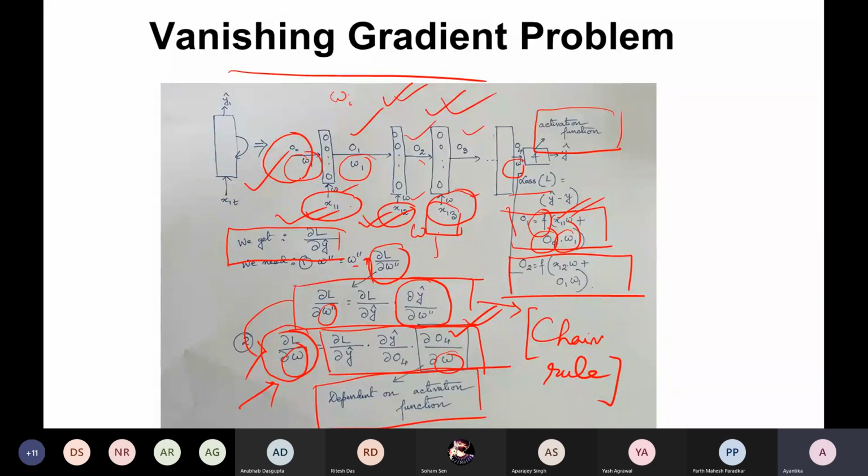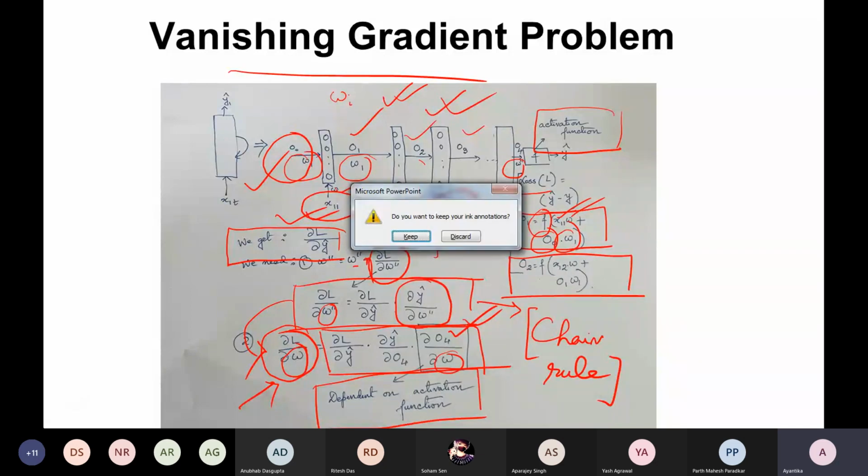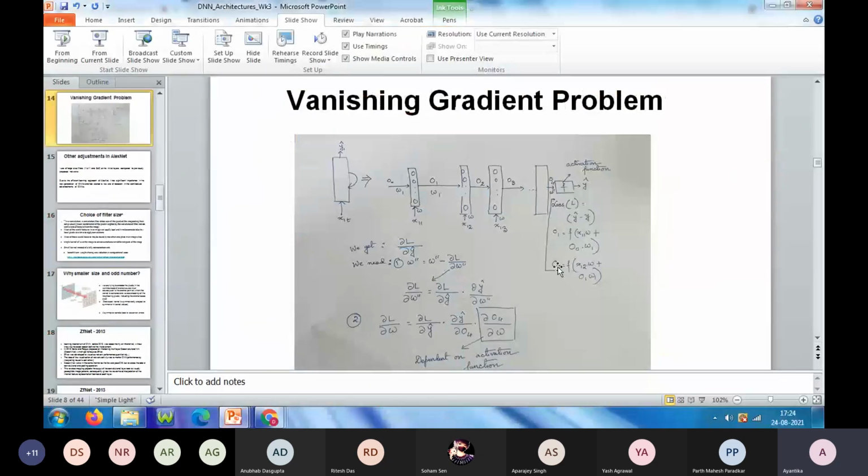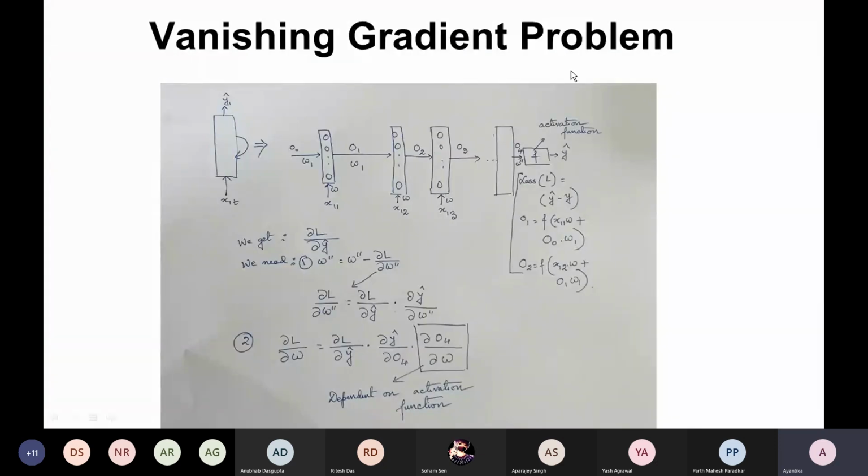Whenever you increase the layers, the number of multiplications increases. So effectively, these values will gradually decrease.